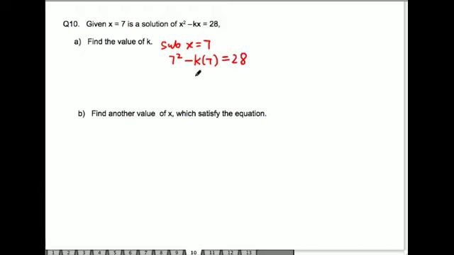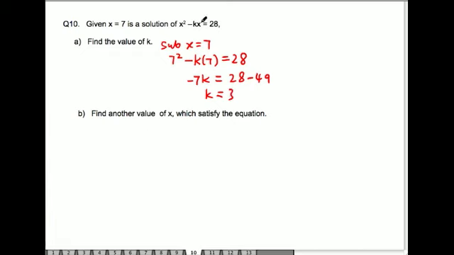And that gives us 7k equals 49 minus 28, so k equals 3.